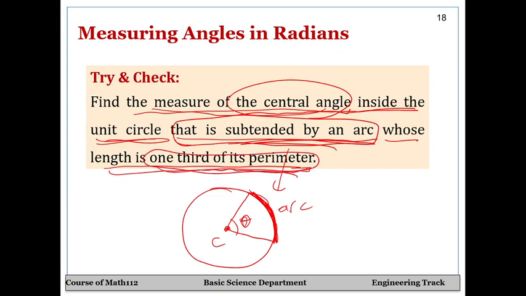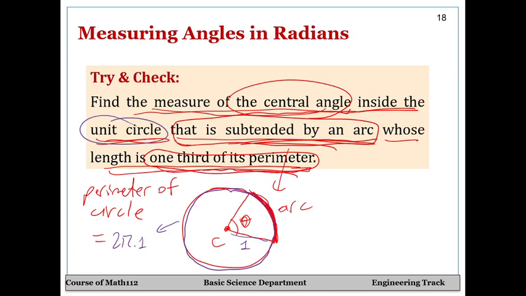1/3 of its perimeter means, perimeter here of the circle. What is the perimeter of the circle here? So it means this one. This is equal to 2 pi times 1. This is 1 here, right? Unit circle. So 2 pi times 1. The problem says the arc length is 1/3 of the perimeter.